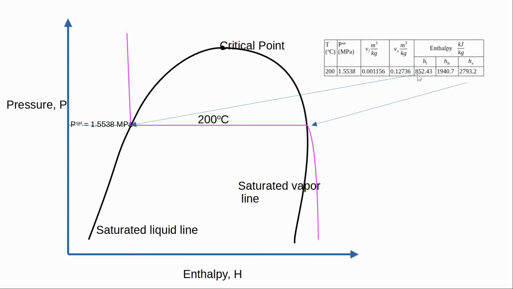Next, we have the enthalpy of the saturated liquid. It is the enthalpy of the saturated liquid water. The last column is the enthalpy of the saturated water vapors. And delta H or HLV is nothing but lambda. It is the difference of HV and HL.